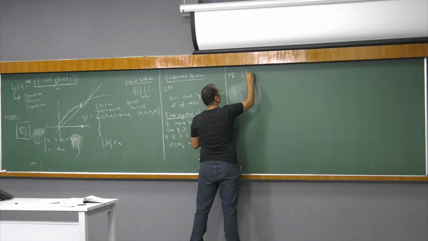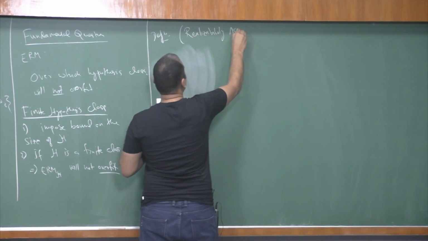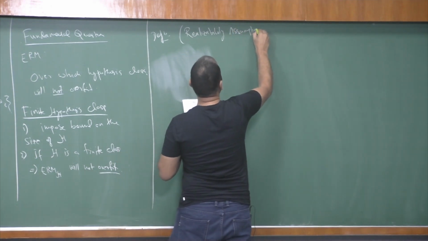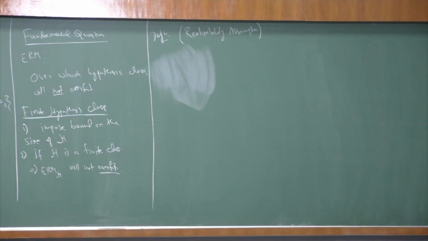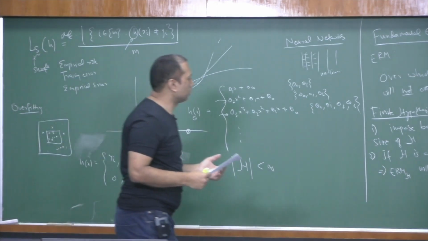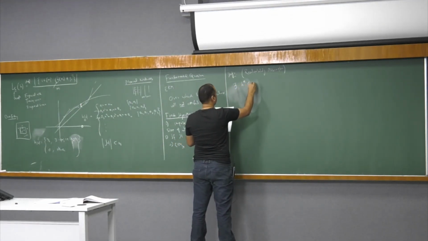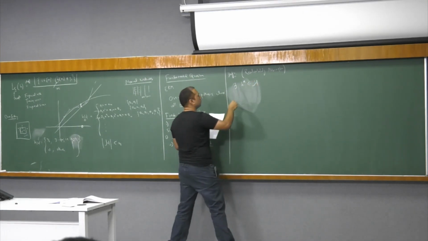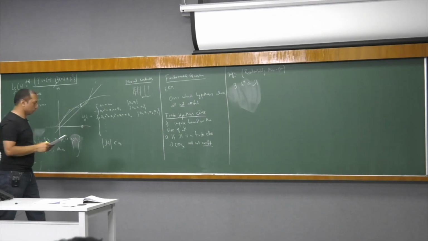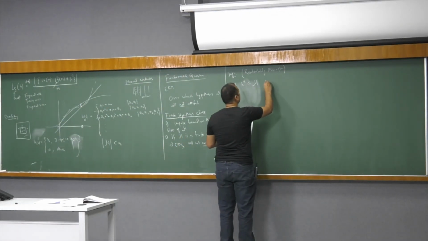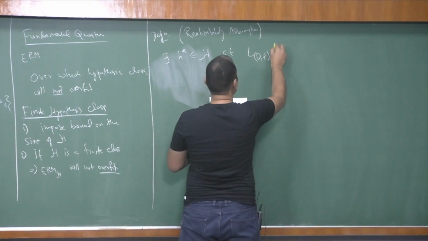The realizability assumption tells us that there exists h star, that's a small h star, in the hypothesis class H. The hypothesis class is the set of all hypotheses or the functions that we are going to use, such that L_D(f)(h star) is 0.